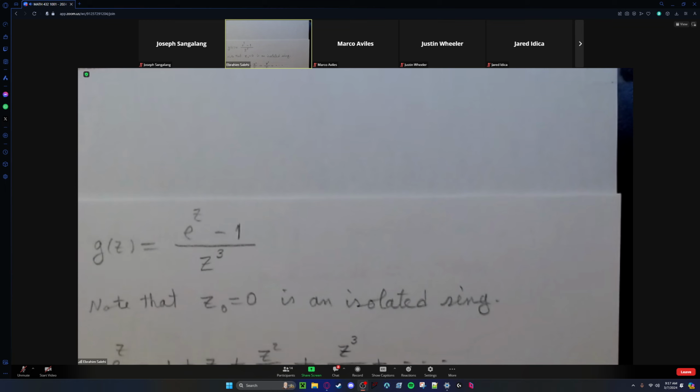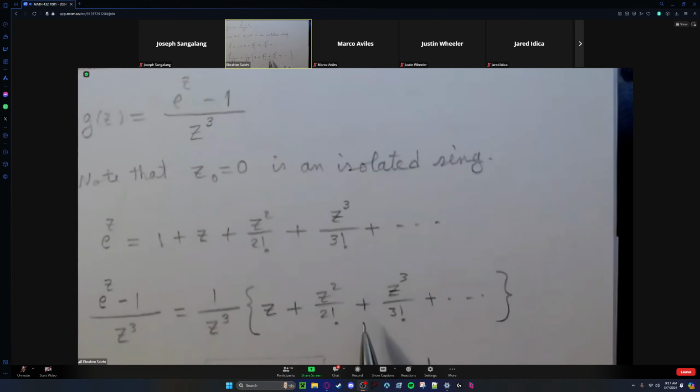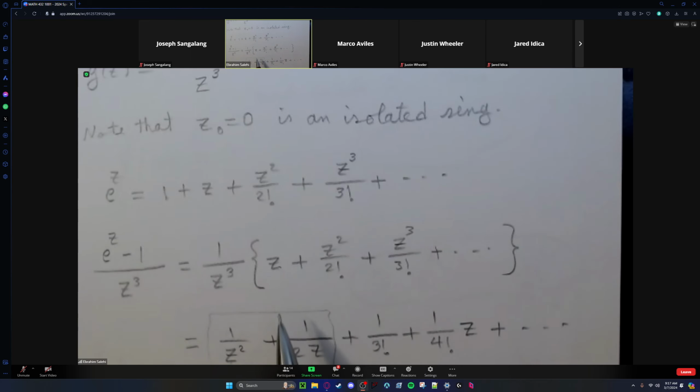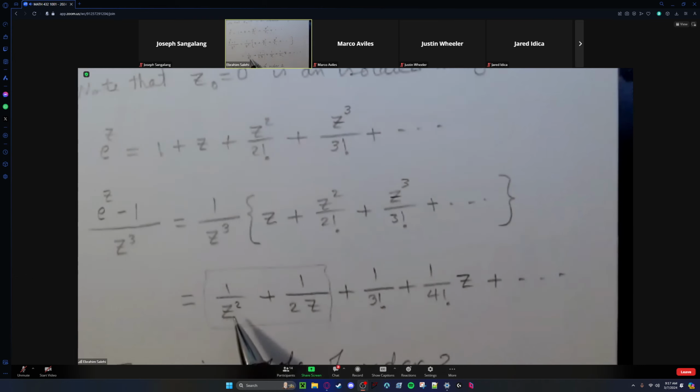E to the z is an entire function, a beautiful function. You can have its power series expansion, the Maclaurin series expansion. So for e to the z minus 1, you bring the 1 to this side, and then divide by z cubed. This is e to the z minus 1, you divide by z cubed, and this is what you get.